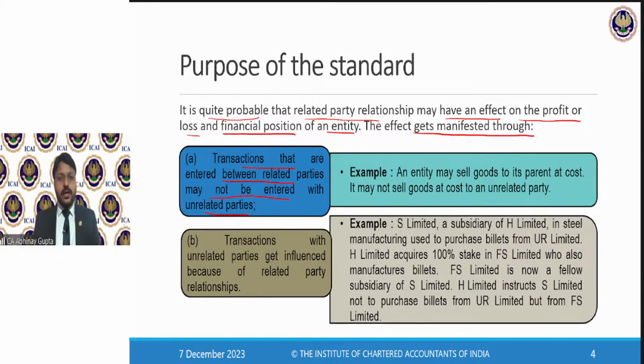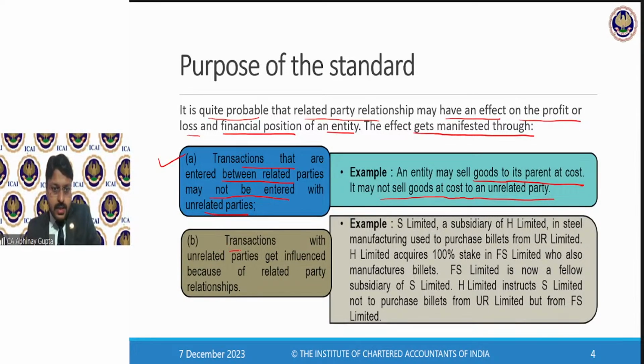So it is only because of related party relationships that these transactions have taken place. So this is an indicator about the quality of the profit and loss and the financial position of the company, right? For example, an entity may sell goods to its parent at cost, while it will not be selling the goods and services at cost to any third parties, right?